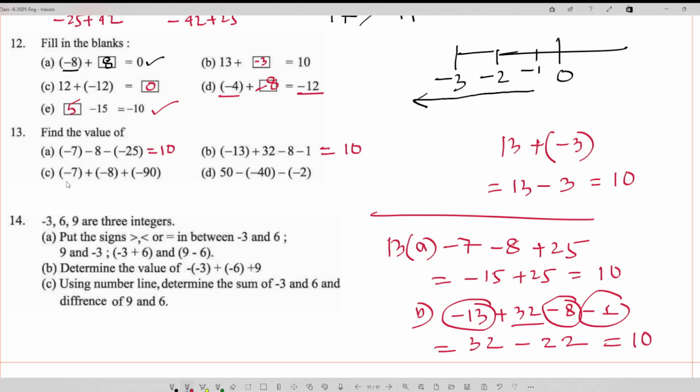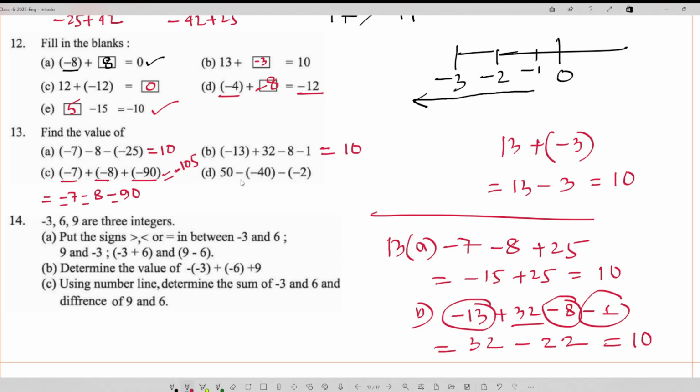Next one, this is minus 7, this is minus 8 and minus 90. So before plus, but we can write minus 7, minus 8, minus 90. So the answer is what? Answer is, we can write this one 105 and show minus, because here everything is minus.